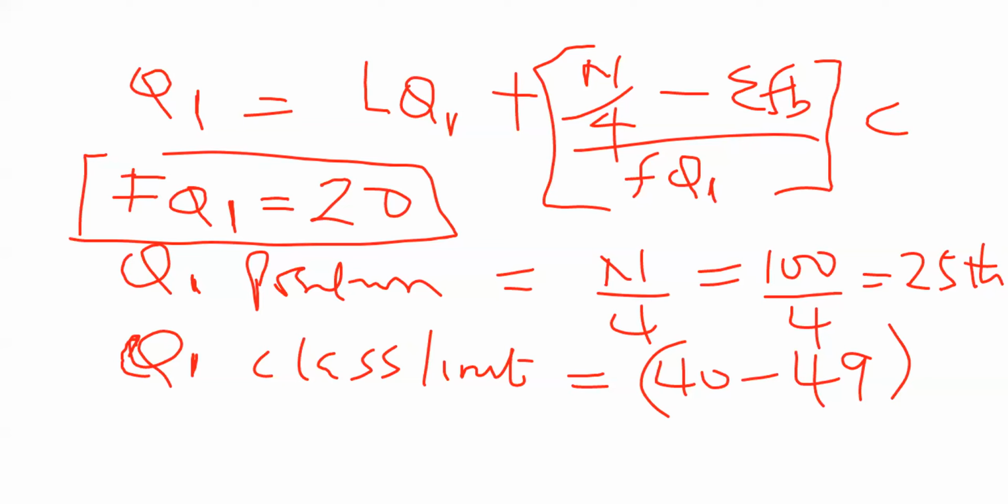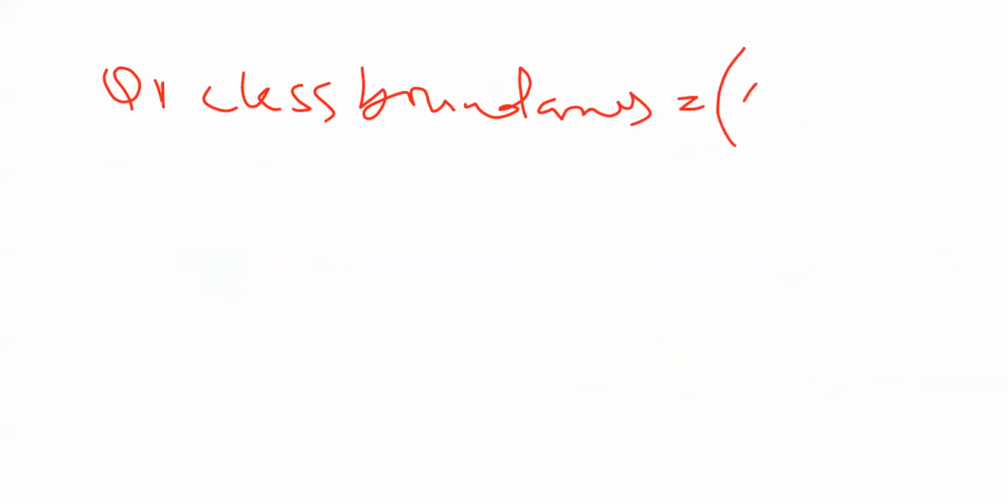I have found FQ1, 20. Q1 class limits, I've gotten that, so I'm going to change it to boundaries. I'm going to write Q1 class boundaries by subtracting. So that one will be 39.5 to 49.5.